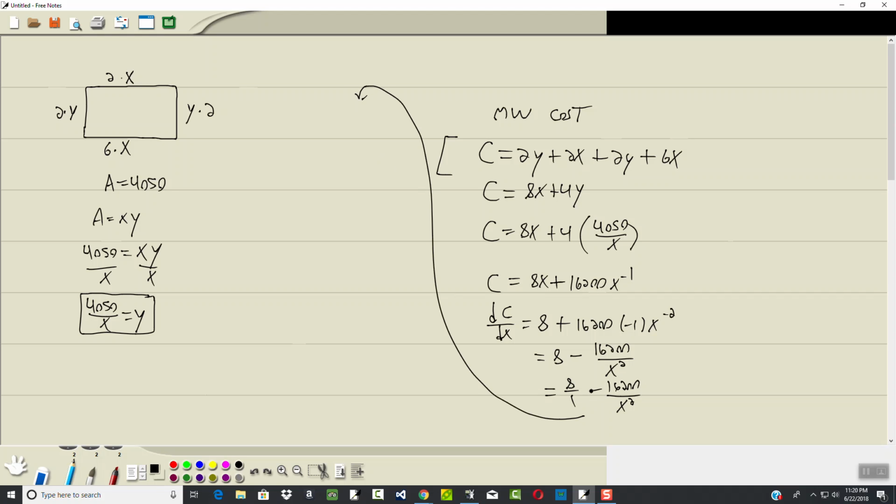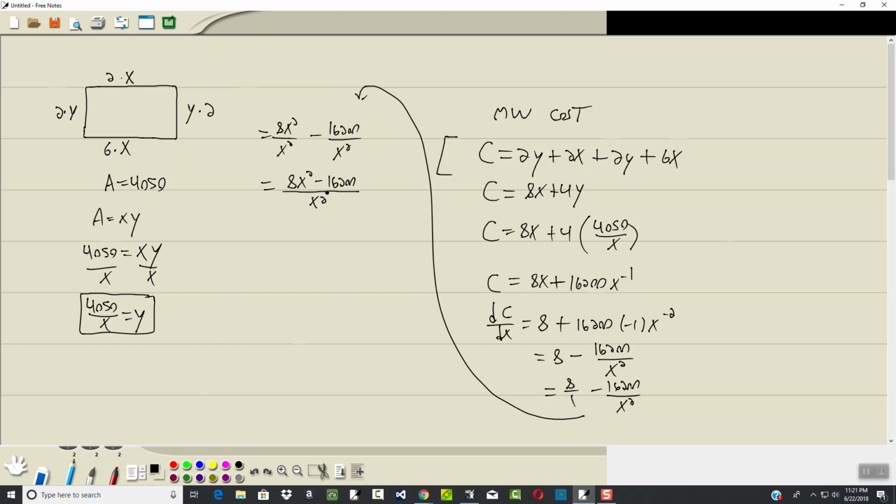Now I need to get a common denominator, so I'll multiply the first fraction top and bottom by x squared. So that gives us 8x squared over x squared minus 16,200 over x squared. Since they have the same denominator, I'll merge them together. So I got 8x squared minus 16,200 over x squared.